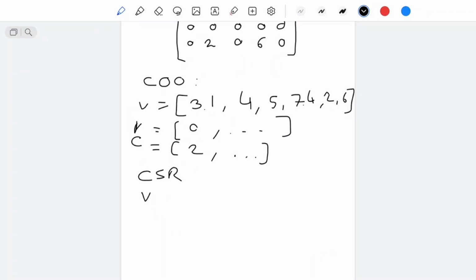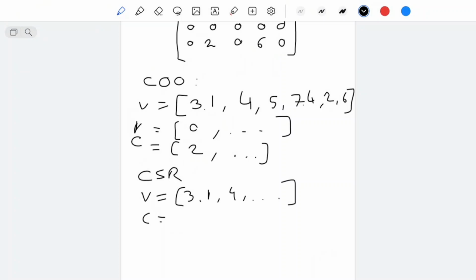We still have a vector with all values, but this time we have a vector with the indices of the columns.